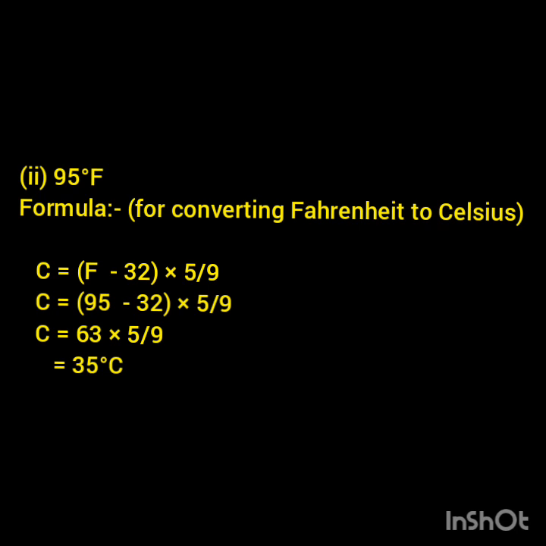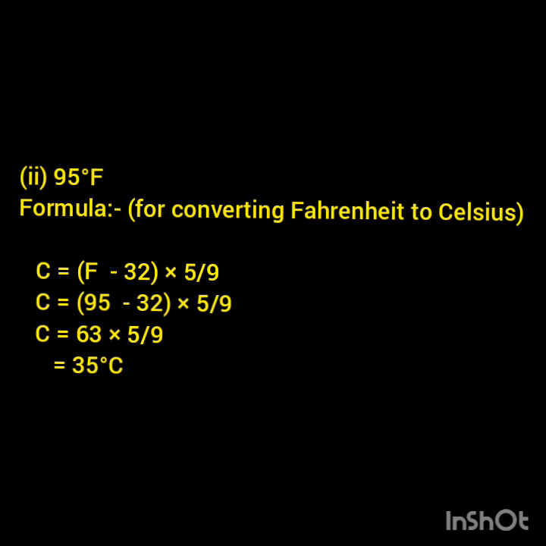So we get 5 by 9. But here we want to subtract the value of 32 from the Fahrenheit scale value. Finally, we convert the Fahrenheit scale into the Celsius scale by using the following formula: C is equal to F minus 32 into 5 by 9.